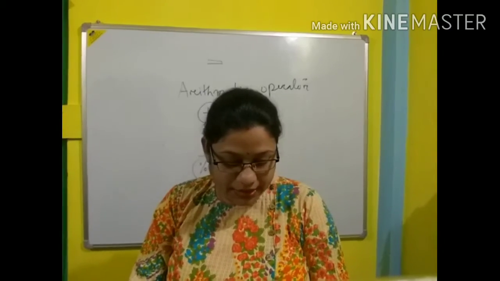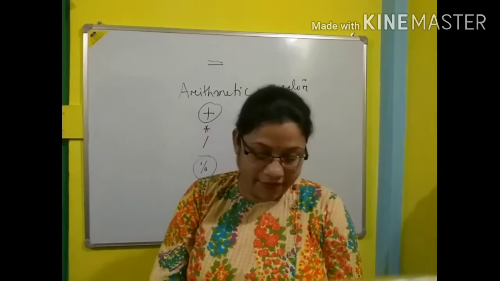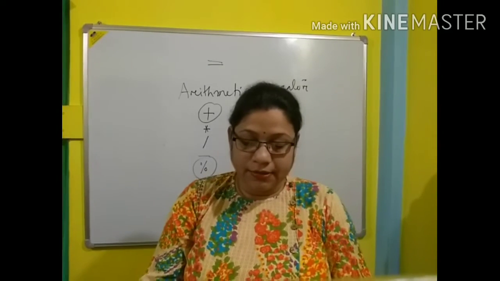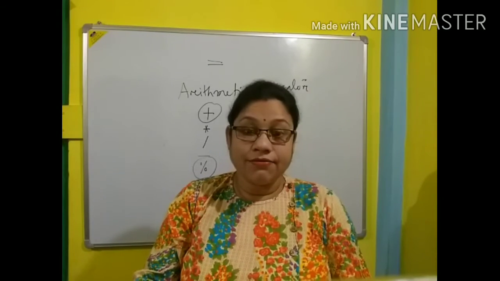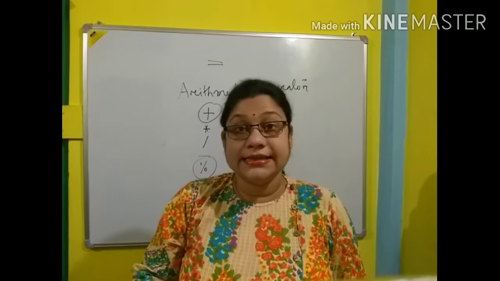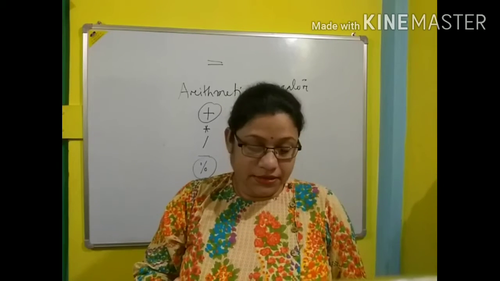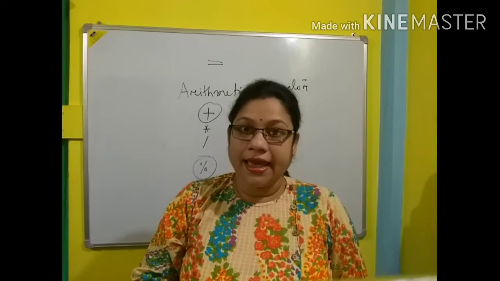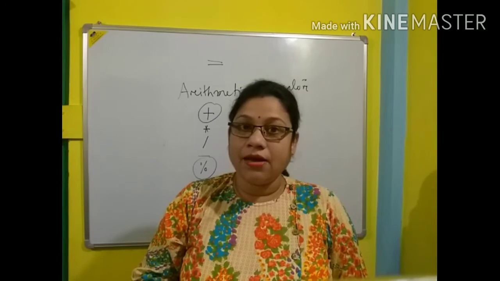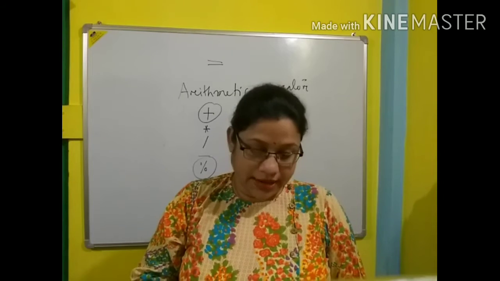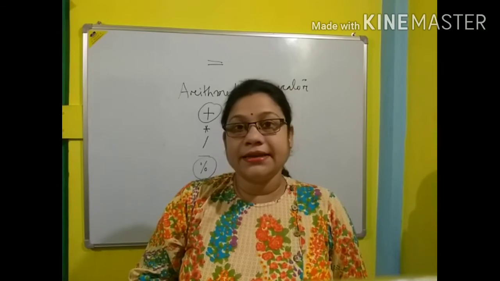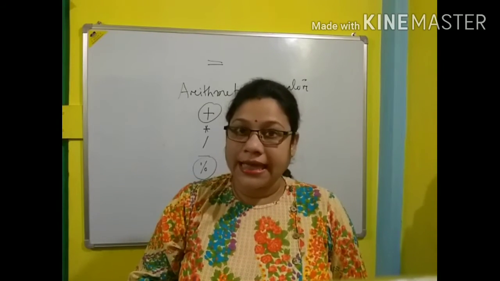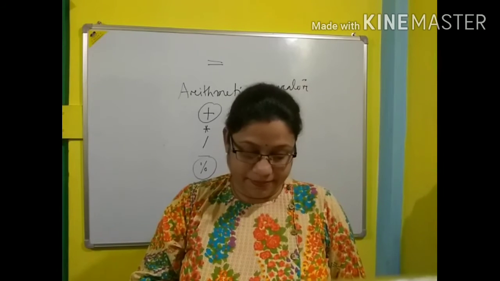Okay, so here look at figure number 6.7. A equal to 5 semicolon, B is equal to 10. That means we already declared a variable, that is A, and inside A we are going to assign the value 5, and inside the B variable we are going to assign the value 10.